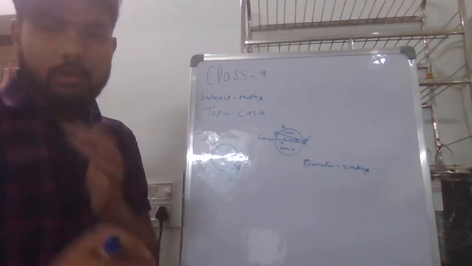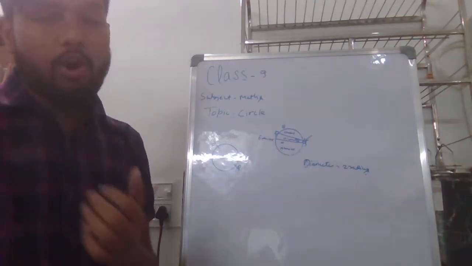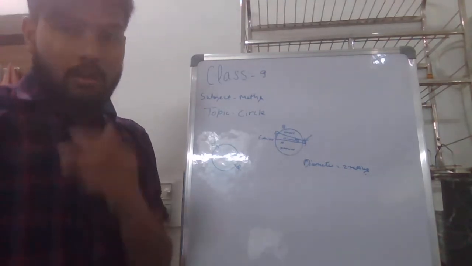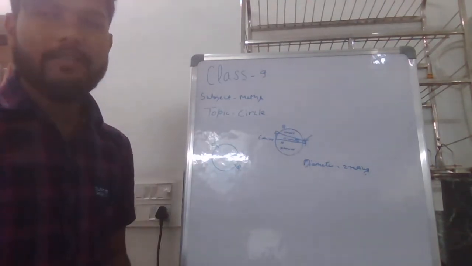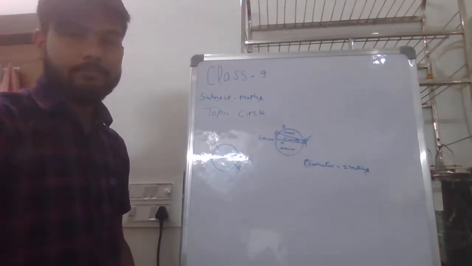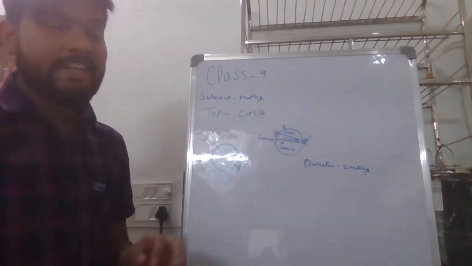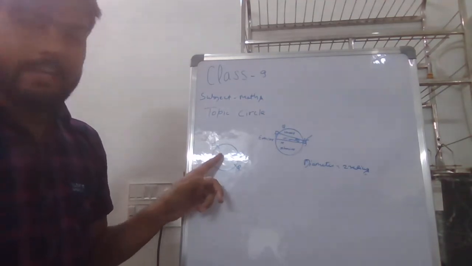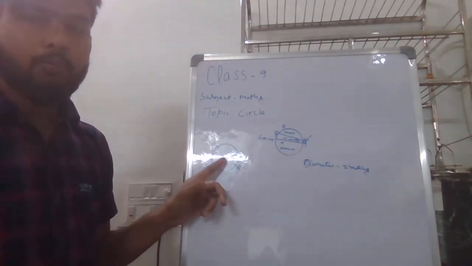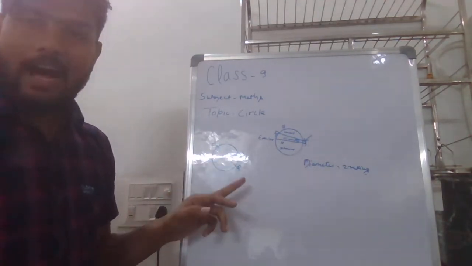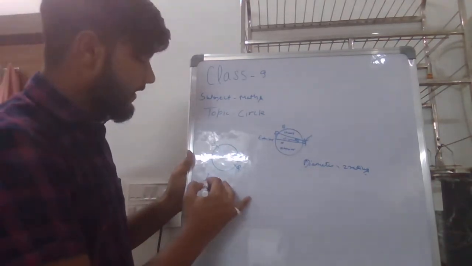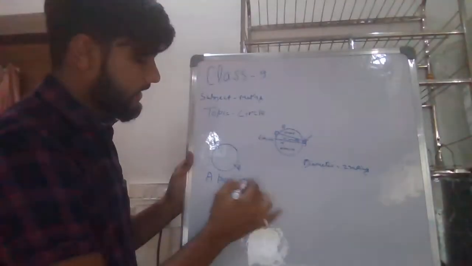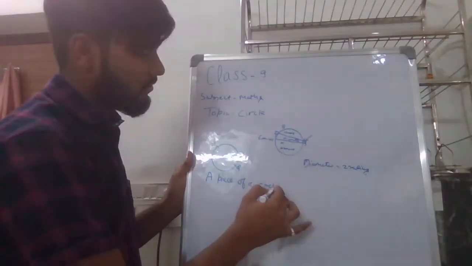So now tell me, what do you understand by this? Here we can see that a piece of a circle between two points is called an arc. I will write here: a piece of a circle between 2 points is called an arc.